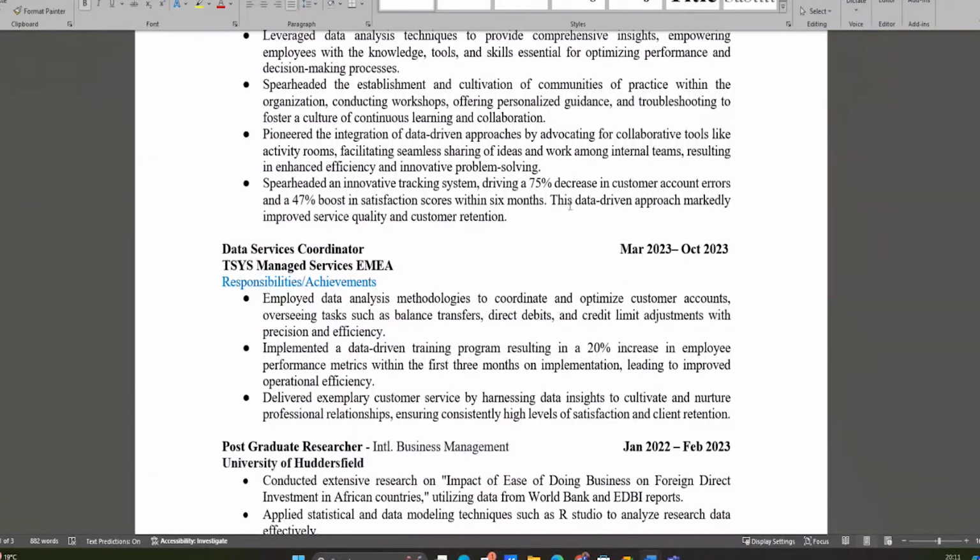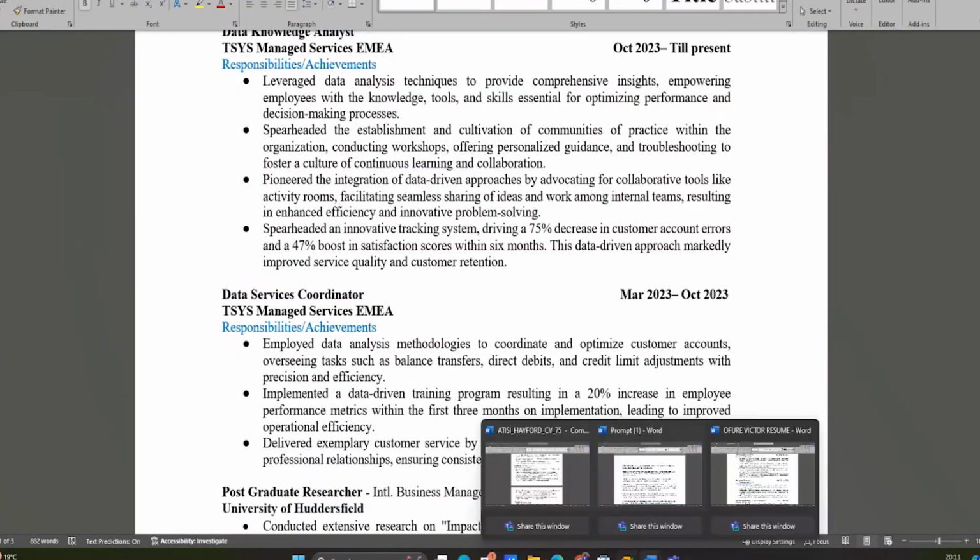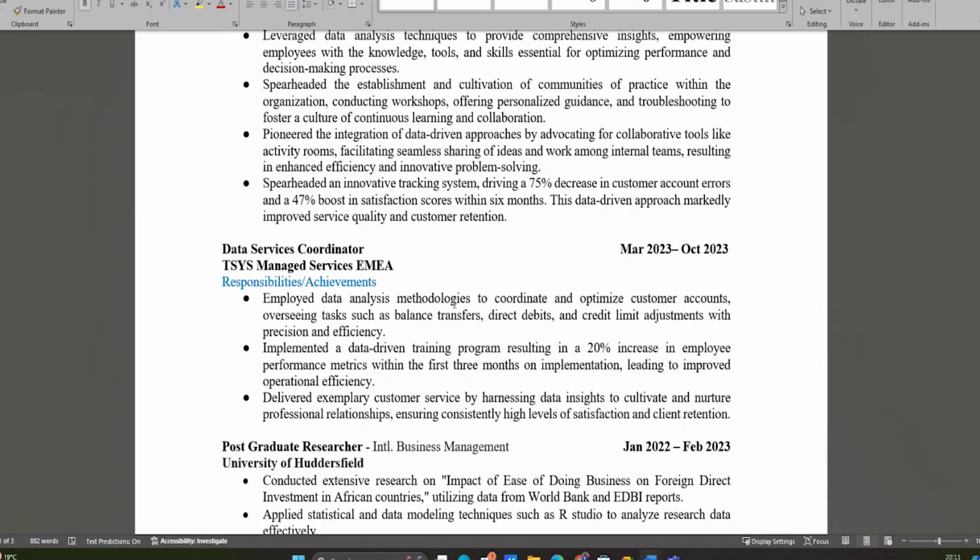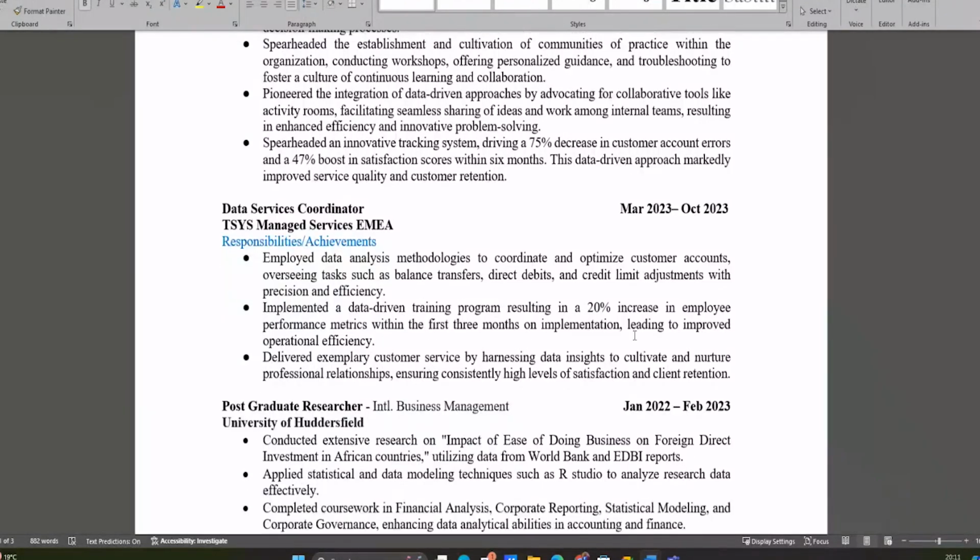So the situation is that you probably wanted to improve the customer account tracking to be able to discover errors and treat them as quickly as possible. That is a situation. You needed to coordinate and optimize customer accounts, to check the balance, transfer, the direct debit. That is the situation.